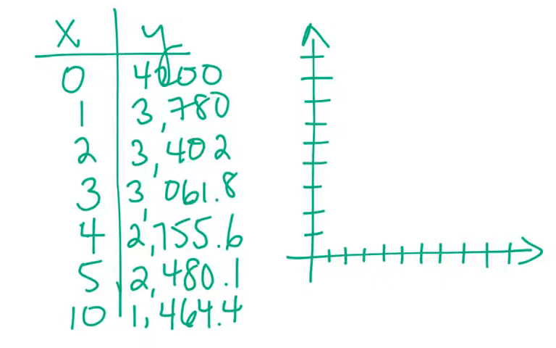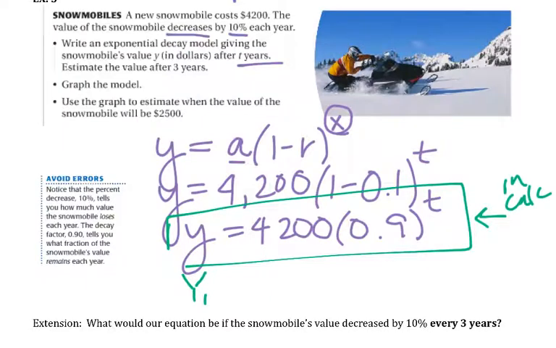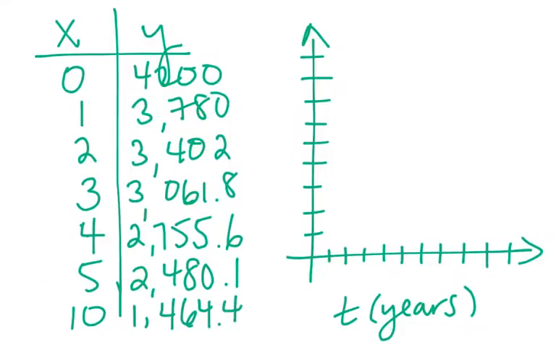Now we're going to want to graph this, do a rough graph. We want to label our axes. So we know on the x-axis we have time in years, because looking at the original problem, it's decreasing each year. Then the y-axis is the value in dollars of the snowmobile.